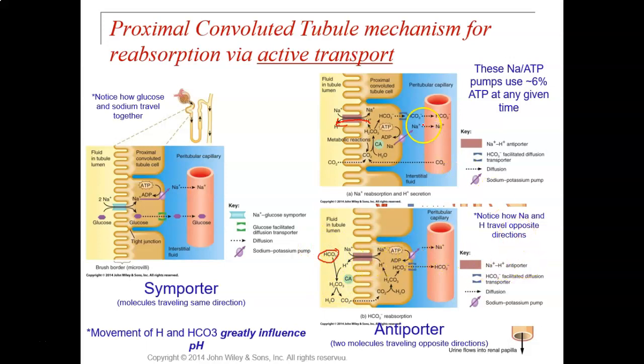The big purpose of looking at these is the movement of sodium as it relates to hydrogen. Here we can see sodium enters into the tubule, or I'm sorry, enters into the cell. The movement of hydrogen is going to continue to kick outwards, so again, just swapping this for that.